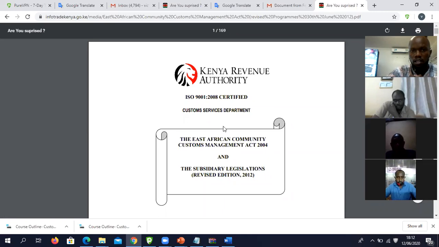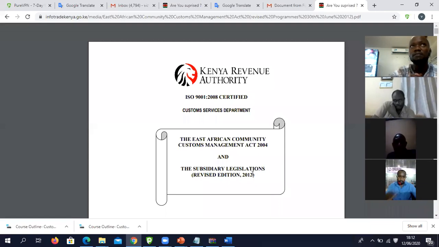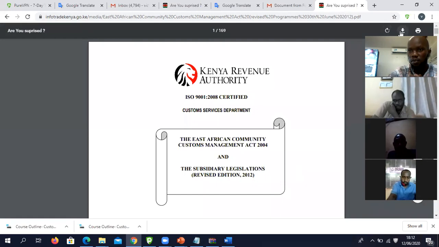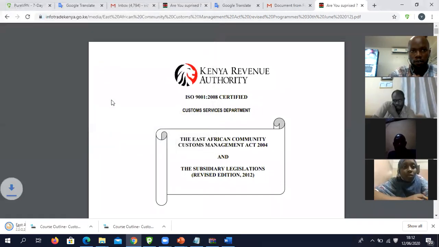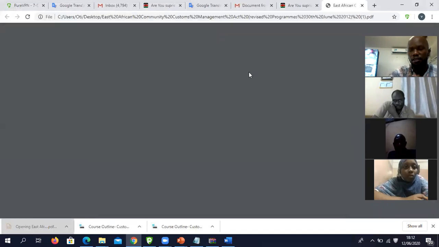So the East African Community Customs Management Act of 2004 and subsidiary legislations, revised edition 2012. Let me go ahead to download it. Okay, I have my hard copy there.